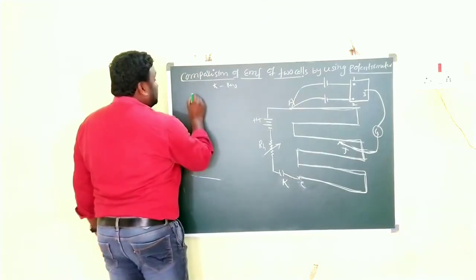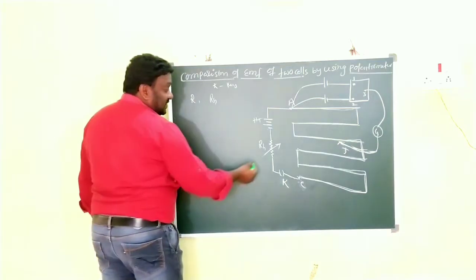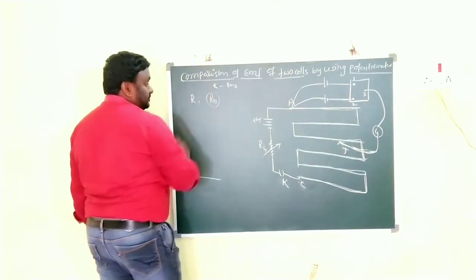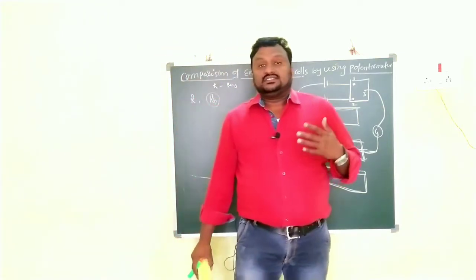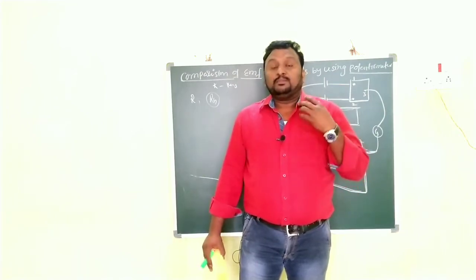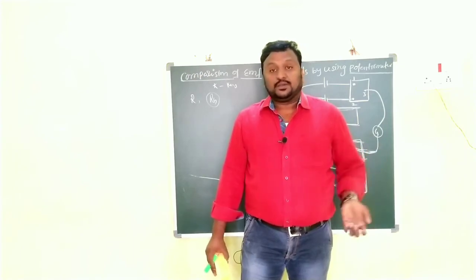Children, what is the difference between a resistor and a rheostat? Here we show the rheostat as RH. Generally a resistor has a constant value of resistance, so it offers the same opposition when current passes through the circuit.